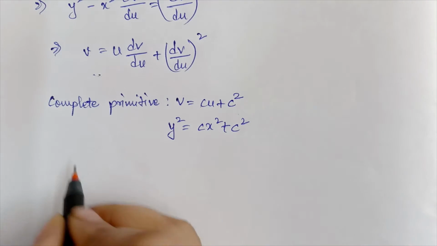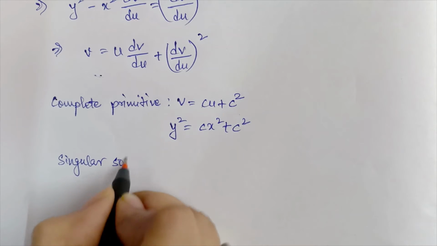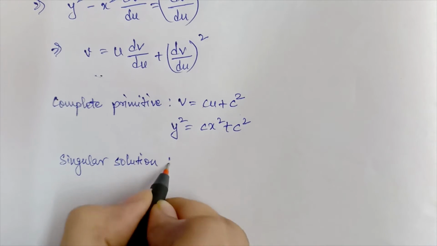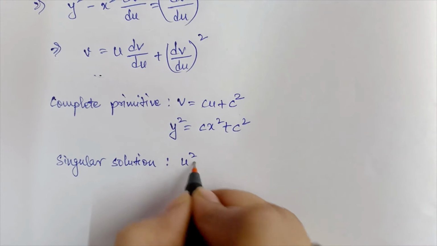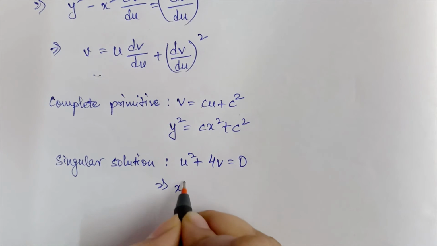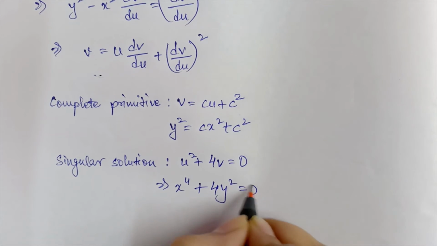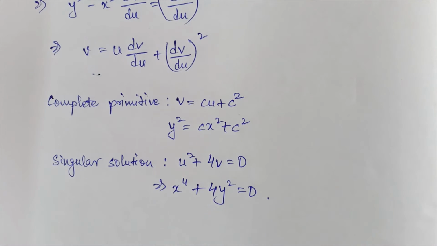Also, the singular solution of this one is u square plus 4v equals 0, or x to the power 4 plus 4y square equals 0. So in this way we get the solution of any given equation.